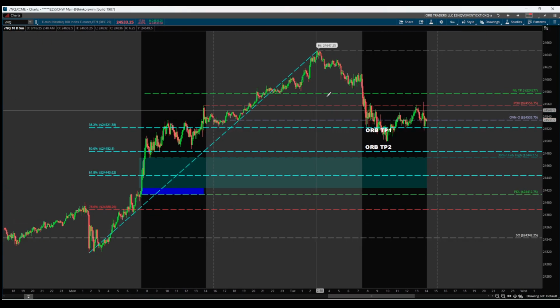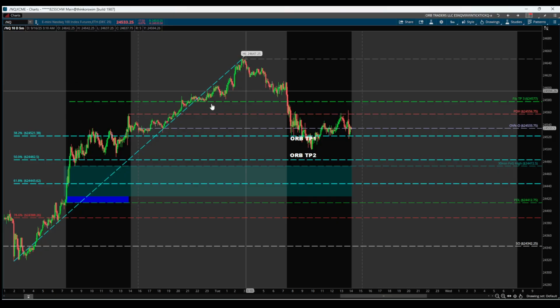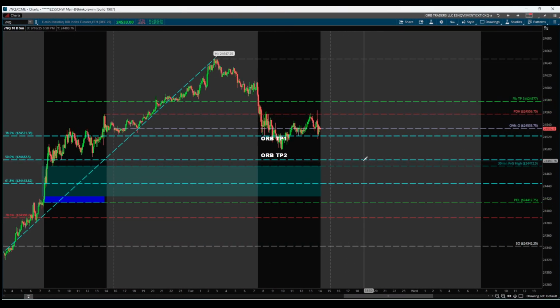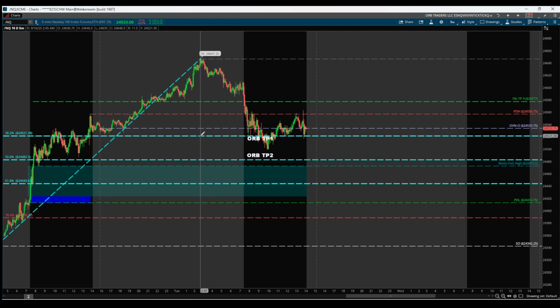This current week low to current week high, both set during overnight hours, sets a fib zone below at 24,520s down to 24,440s. Let me go ahead and just extend this draw over.